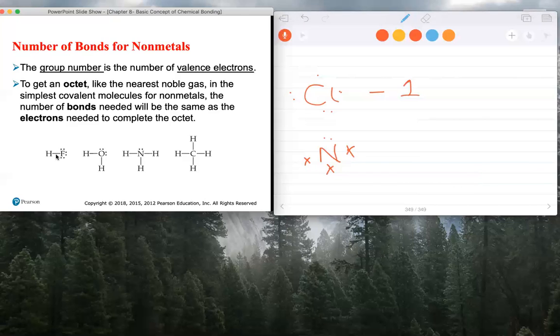If you look at fluorine, fluorine has 1, 2, 3, 4, 5, 6, 7. There is one unshared electron on fluorine, and it will form 1 covalent bond. For carbon, 1, 2, 3, 4. We expect carbon to form 4 covalent bonds.